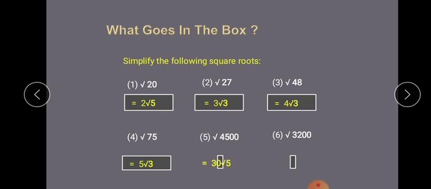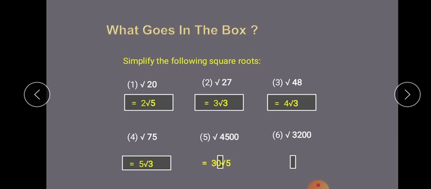Root 4500. So when we have such a big number, we can separate zeros and the number. So 4500 we can write like this, 45 into 100. Okay, now 100 is the perfect square of which number? 10. So 10 will come out first.